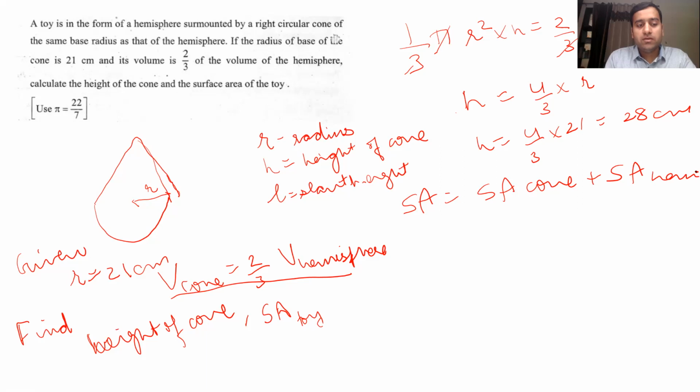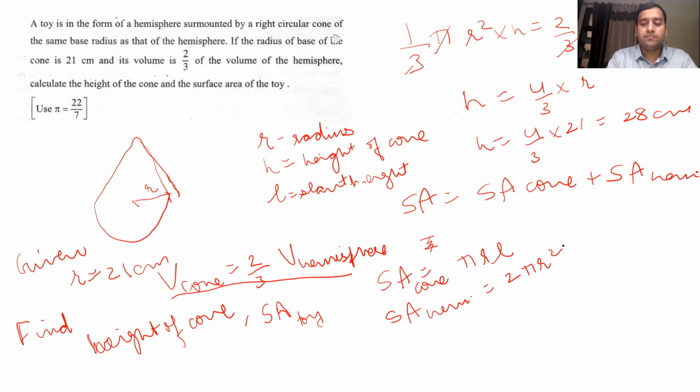So we will take only the curved surface areas which are visible to us. Curved surface area of cone is pi RL, and surface area of hemisphere is 2 pi r square. Now we have to find the sum of these two in order to find the total surface area of this toy.